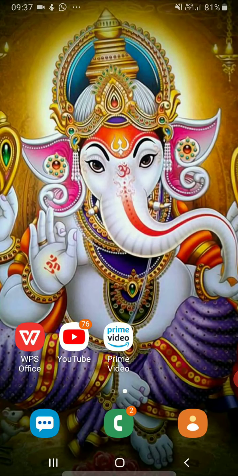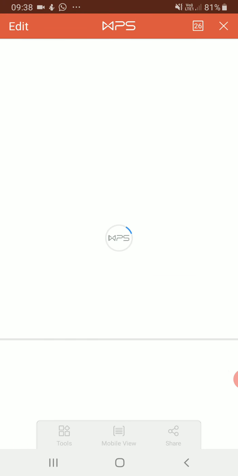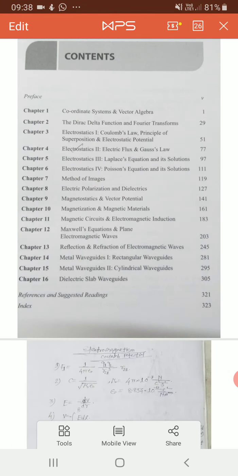So, today we shall start discussing the topic electromagnetism that frequently comes in CSIR NET and different kinds of such competitive exams in India.